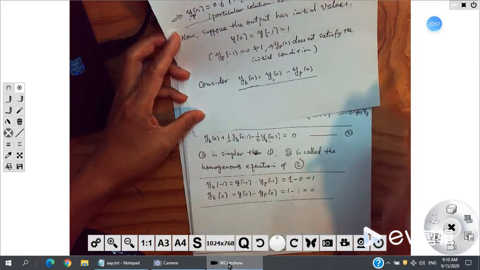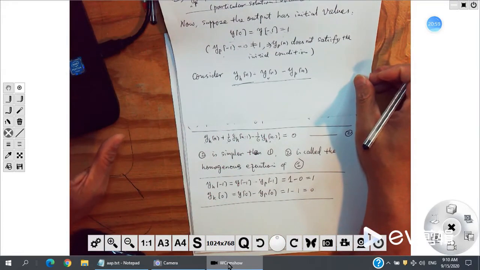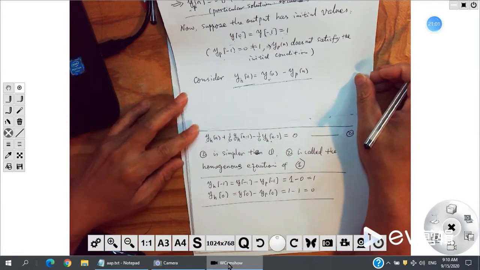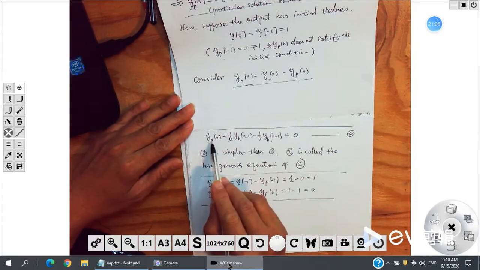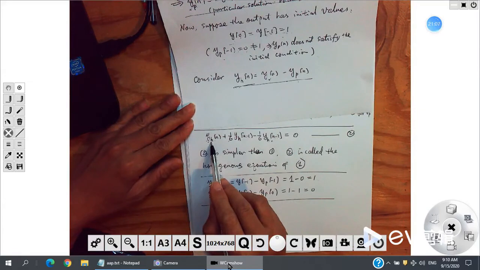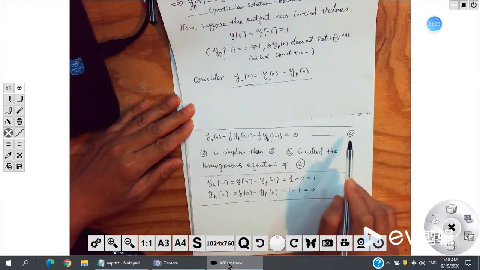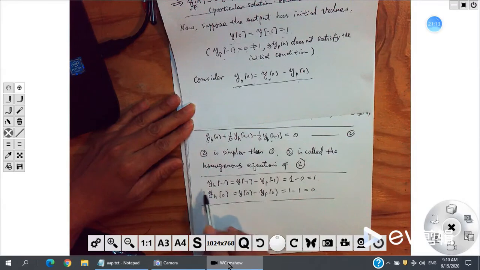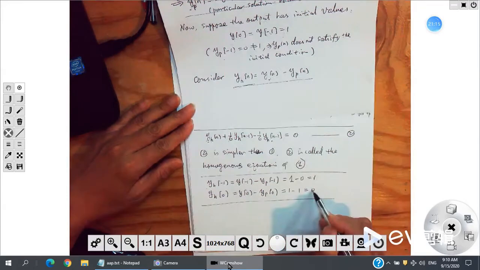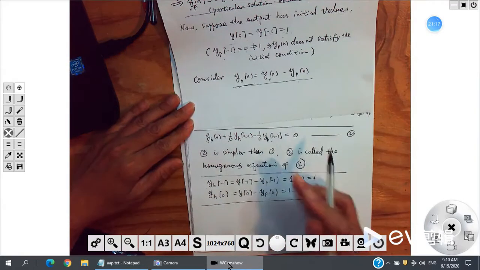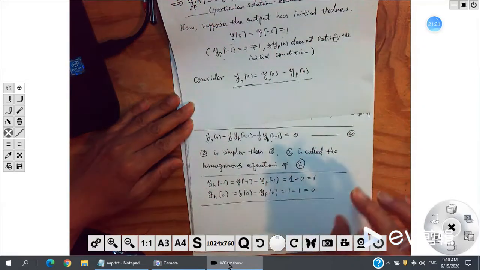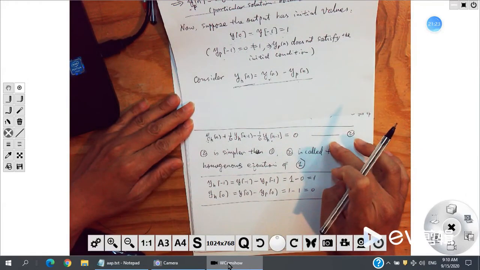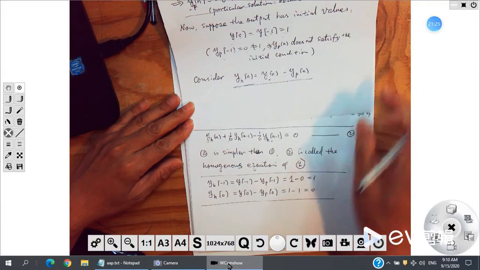Alright, now we have a new equation. New problem. We have a signal y, a signal yh. yh satisfy equation 2. And the initial condition of yh are these two values. Okay. This is a simpler problem. If we can solve this problem, right?